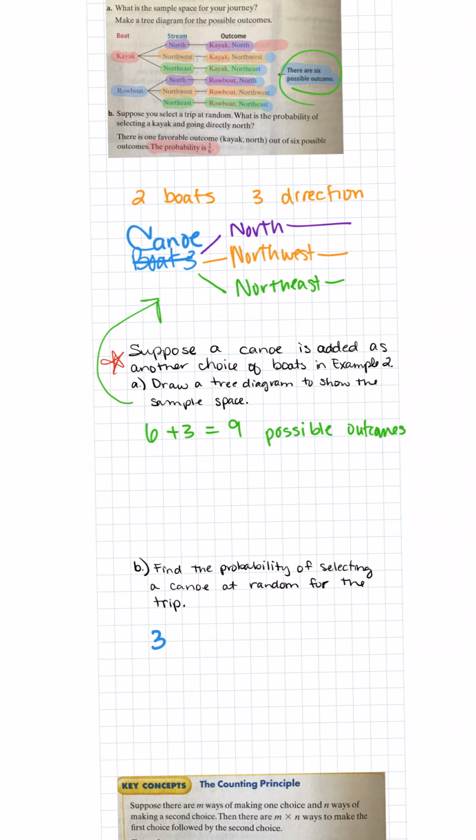So there were 3 possibilities, 3 times possible that we could select a canoe out of 9. Well, we could reduce that down because each side could be divided by 3. So therefore, 1/3. We have a 1/3 chance, probability, of selecting a canoe.